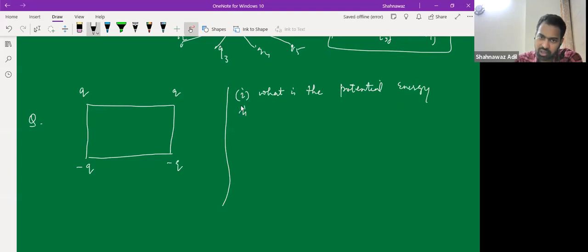We have brought these four charges here at the corners of, let's say, a square with side A. What would be the work done to bring them in this place?